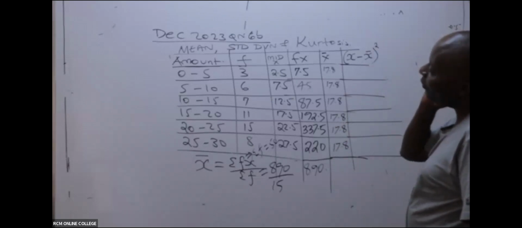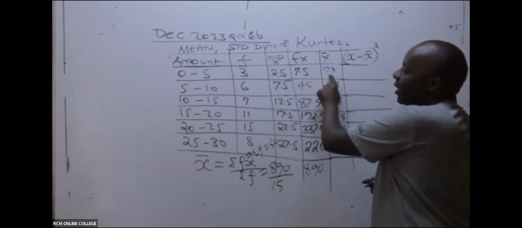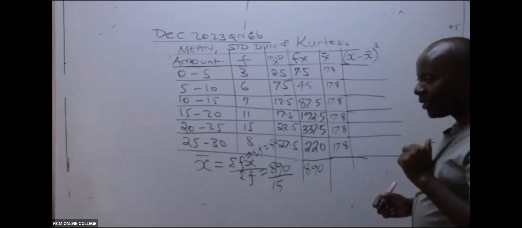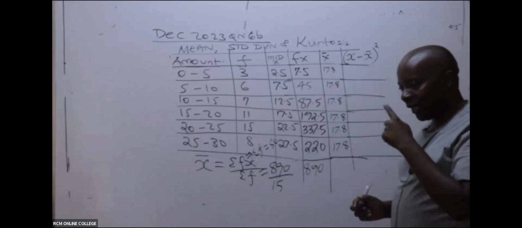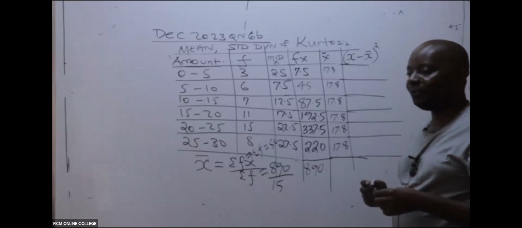So in this case here, the first x is 2.5 minus this x bar. So you say 2.5 minus 17.8. Whatever answer I get, I square. Write an answer here.